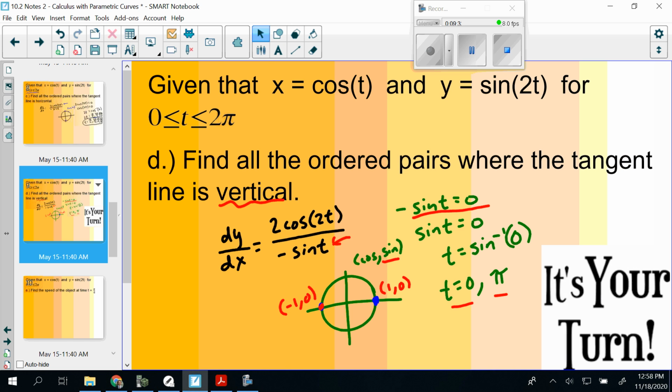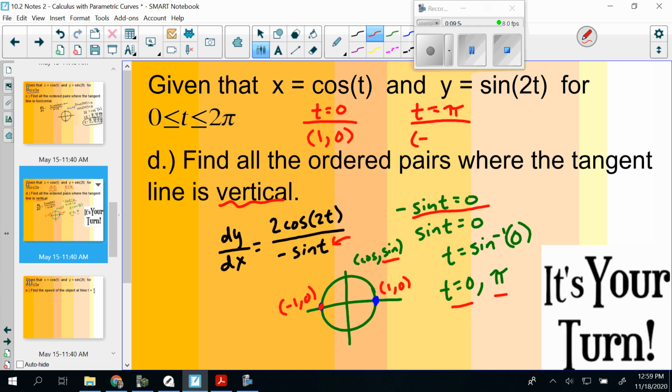So at the t equals 0 one, cosine of 0 is 1, and sine of 0 is 0, so that was that point. At the one at t equals pi, if you plug that in, cosine of pi is negative 1, and sine of 2 pi is the same as sine of 0, which is 0.